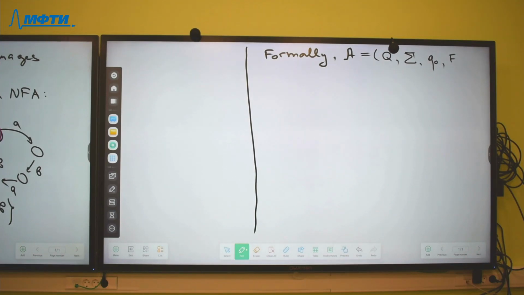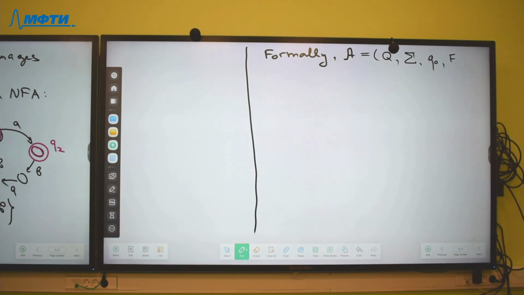So if we mark it like Q1, and of course in the DFA we can have different final states.